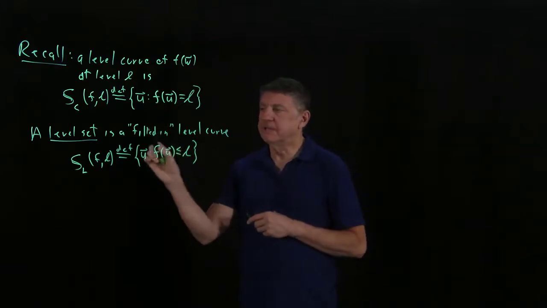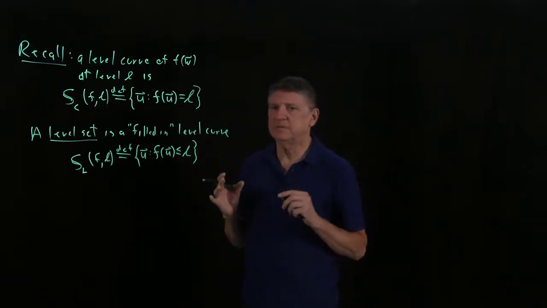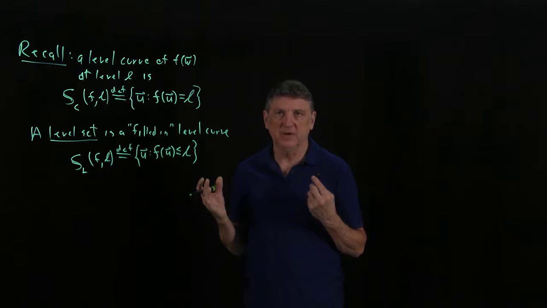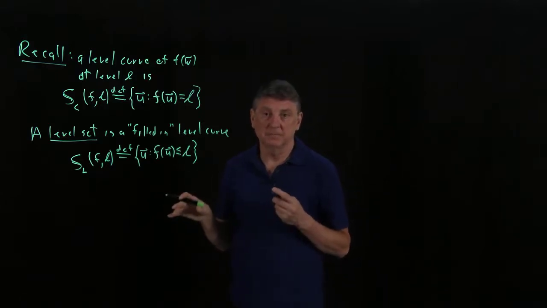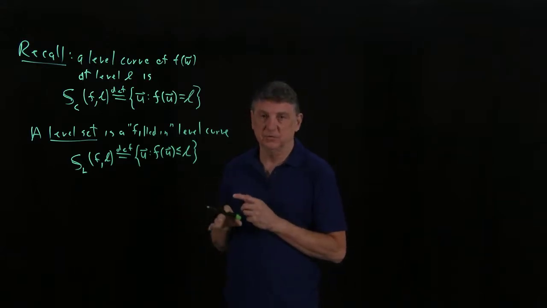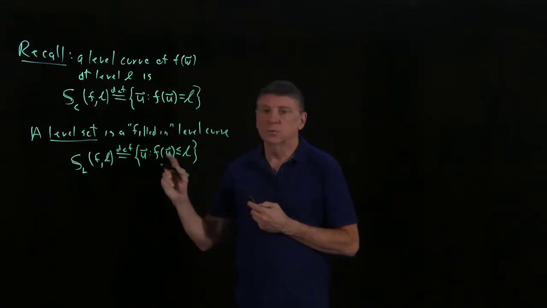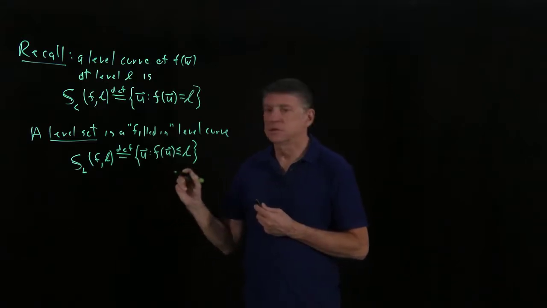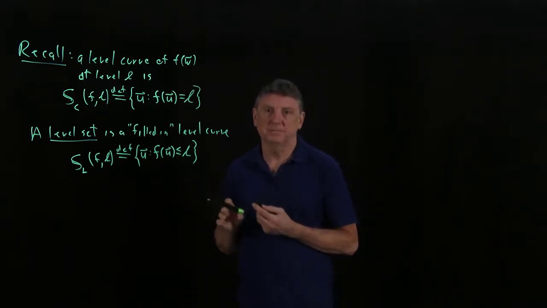Now, that filled in is in quotes, because what does it mean for a function to get filled in when its contours are non-convex curves, when they're sort of curvy, messy curves, which we've seen often in the functions that we look at. So what we'll do is we'll use level sets only of convex functions for the most part.